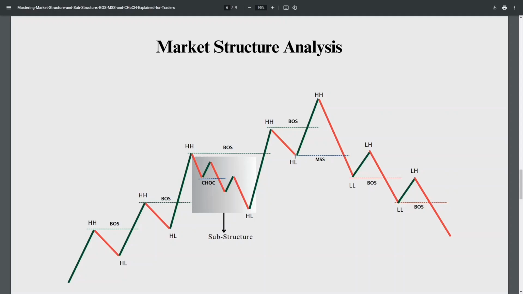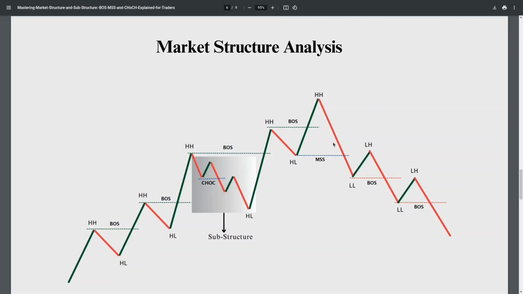So any break in this point, we will regard it as a change in direction of the trend, which is a market structure shift. So price formed a higher high here, then moved down. And what did price do? Price broke this level here. What does it signify? It signifies a potential change in market sentiment.